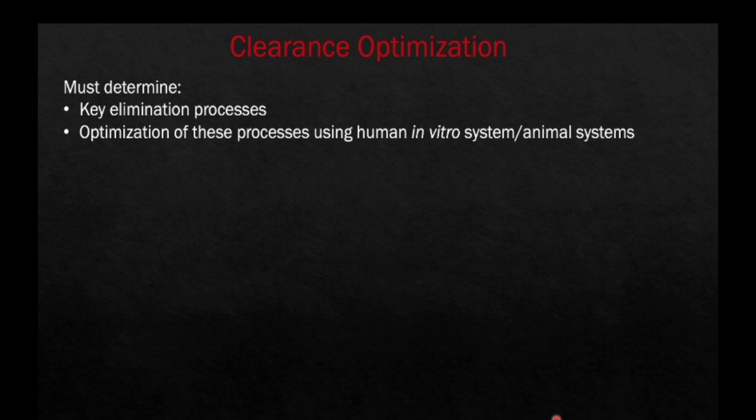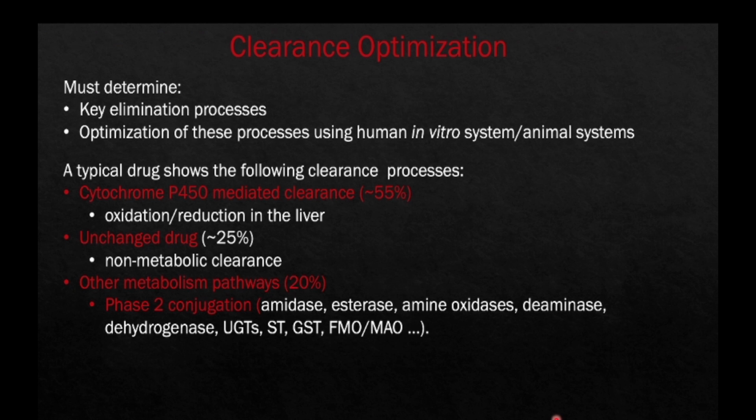When we focus on clearance optimization, we must be able to determine key elimination processes. For example, we need to look at the optimization of these processes using the human in vitro system or animal systems. A typical drug shows the following clearance processes.